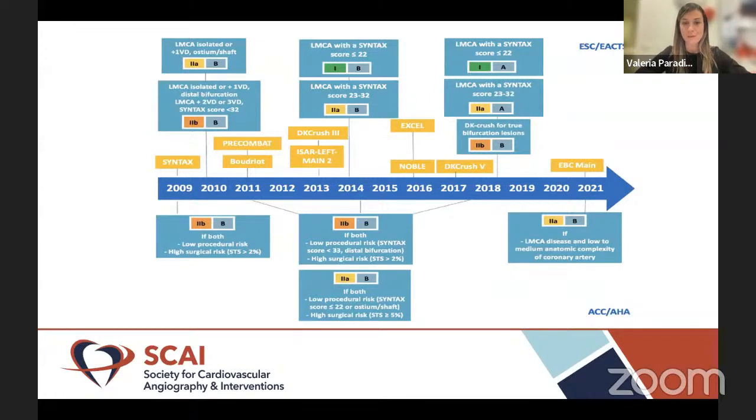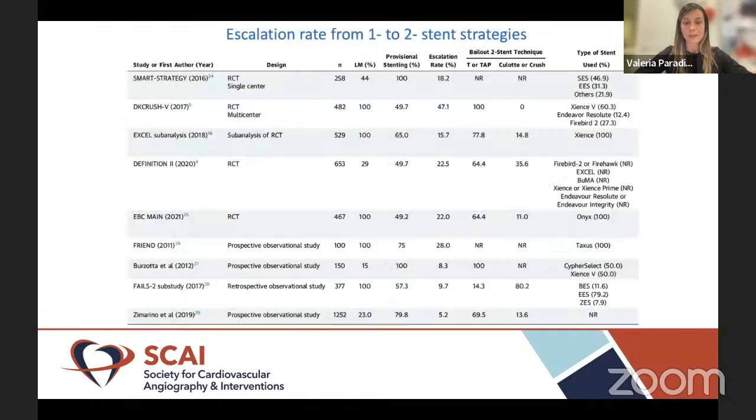However, when it comes to uniform recommendations, there are none on optimal stenting in this setting. And we decided to focus particularly on escalation rate and angiographic and intravascular imaging determinants for subsequent stent implantation.